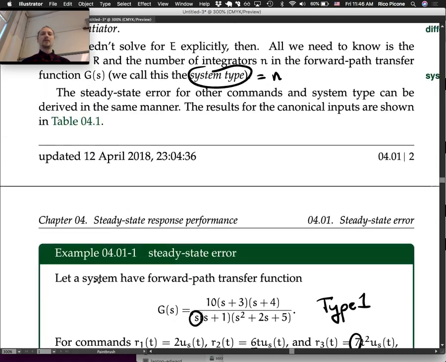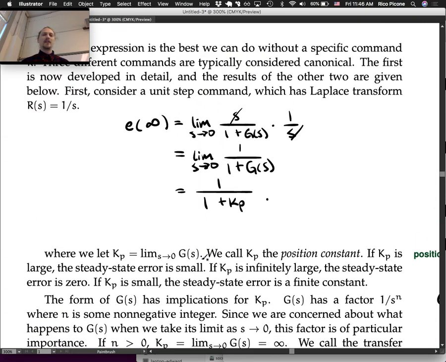You can go through essentially this derivation here, and we're going to see something happening with this term that's different when you have the parabola versus the ramp, etc. So I encourage you to do that.